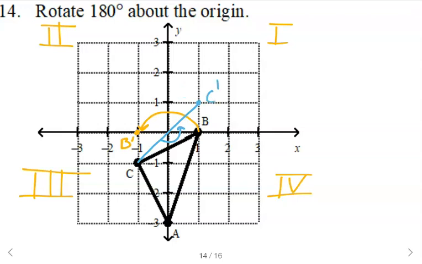And then the point A is on the y-axis, so A will map to, at 180 degrees, 0, +3, I should say.